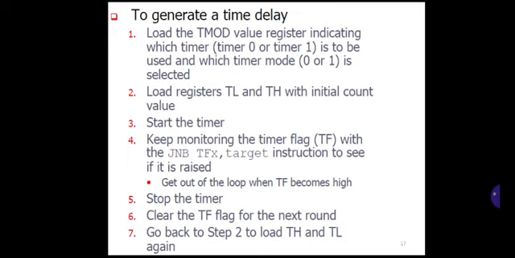Now after stopping the timer, you have to clear the timer flag manually. It will not be cleared automatically. That's why again you have to use the instruction CLR TF0 or CLR TF1 for timer 0 and timer 1 respectively. So clear the TF flag for the next round.